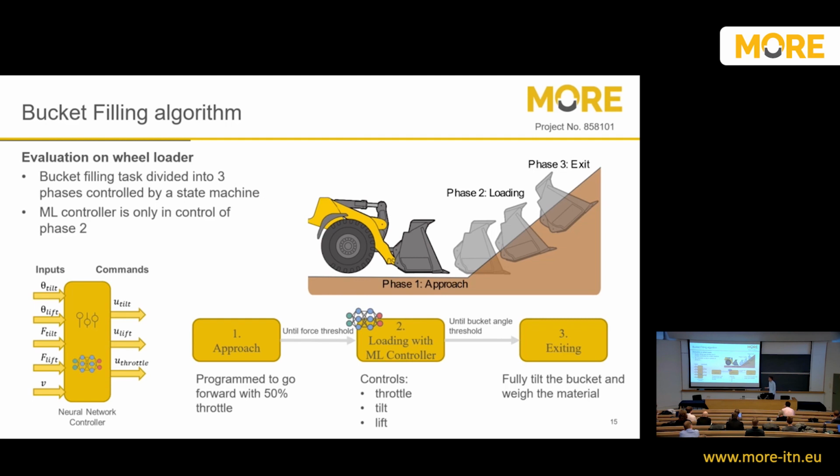The neural network has 5 inputs: the tilt angle, the lift angle, the tilt force and the lift force, and also the speed of the vehicle. Then it outputs 3 commands, the same as operator commands: the tilt of the bucket, the lift of the bucket, and the throttle of the machine, so basically the gas pedal and joysticks.